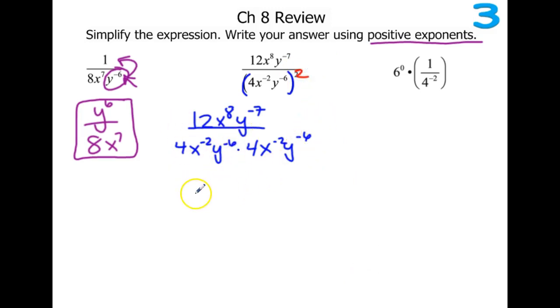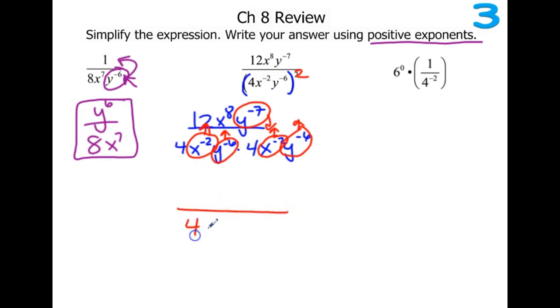So now I'm going to move my negative exponents. This needs to go down to the bottom. The x's, not the 4, because the 4 is a positive exponent, go to the top, y to the negative 6 to the top, the x to the top, and this y to the top. The 4's are going to stay on the bottom. The 12, x to the 8th stays on the top.